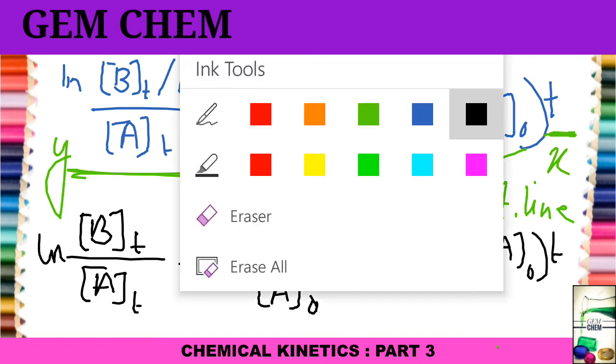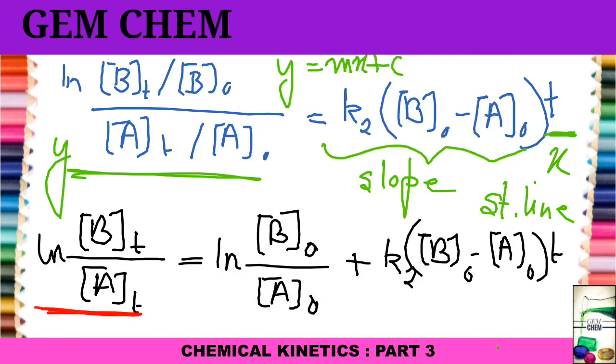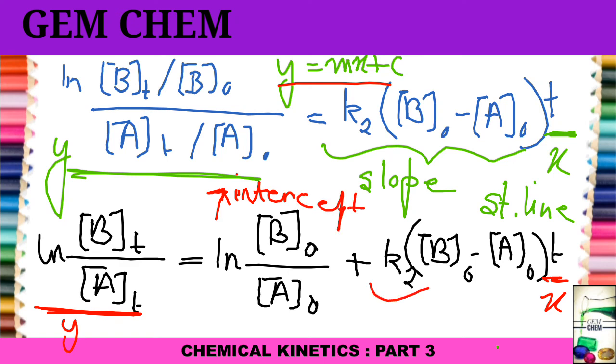And in this case we can plot it like this. This is taken as y, this is taken as x. Now using this formula we can write it as, this is our intercept and this is our slope.